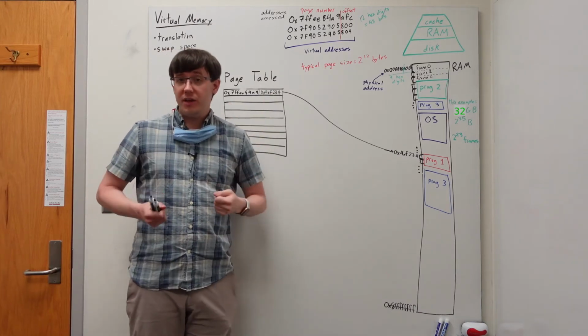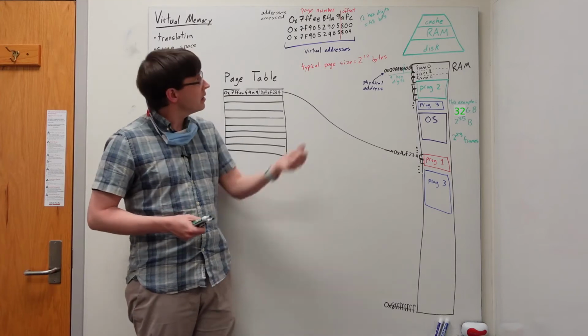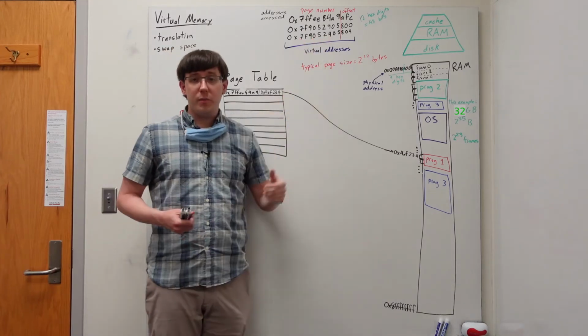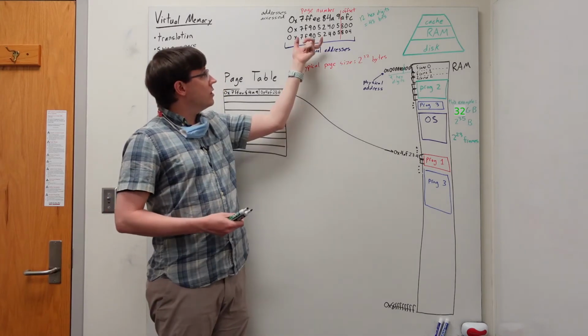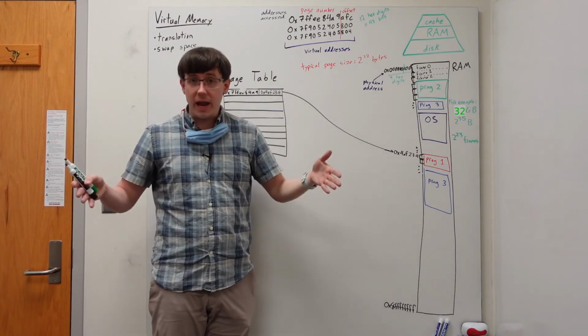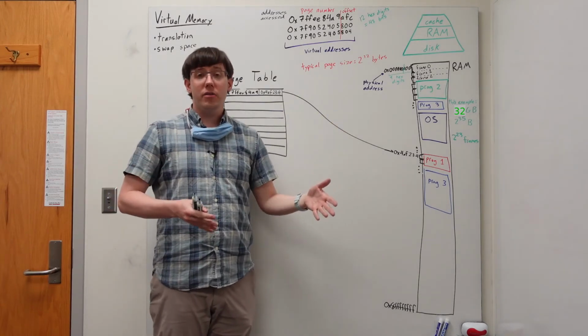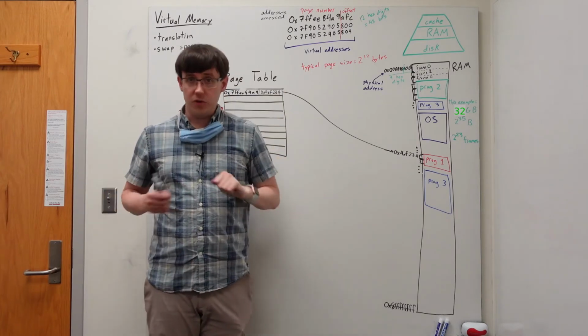But the page table does this extremely efficiently by taking advantage of the fact that page numbers can be treated as integer indices and uses the page number as an index into a big array that is storing the physical memory locations for different pages.